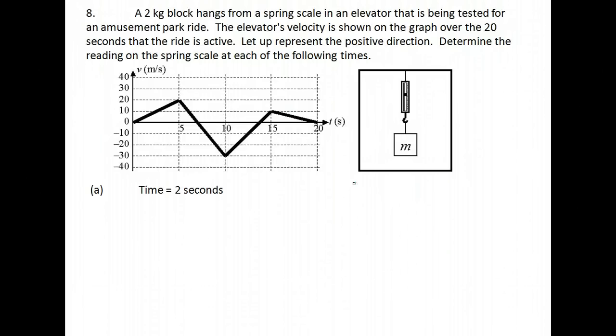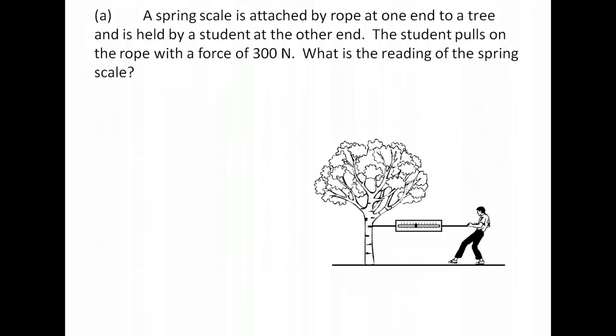We're going to skip that number 8 problem for right now, but let's look at the statics one. Okay, so if the person is pulling on this with 300 newtons of force, what is this going to read? Well, that scale reading would say 300 newtons of force. So our answer for this would be 300 newtons of force.